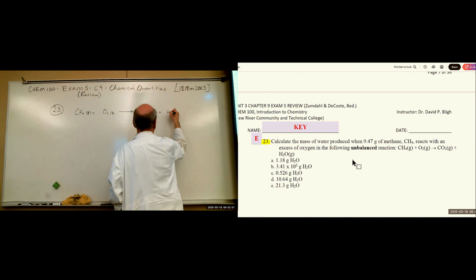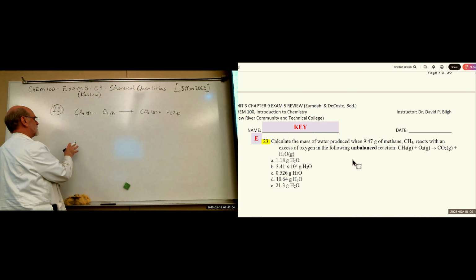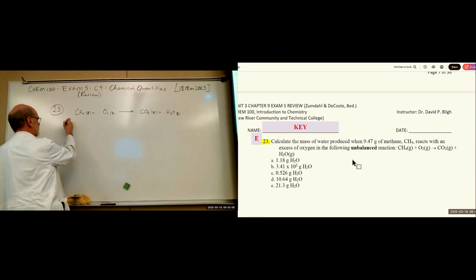This one should be easily balanced without the budget, but to be safe, I'm going to use a budget. Okay, 1 carbon for those, 2 of those. This is 1 carbon, 2 of these, and 3 of these. Okay. Carbon's already good, so we'll go to hydrogen.